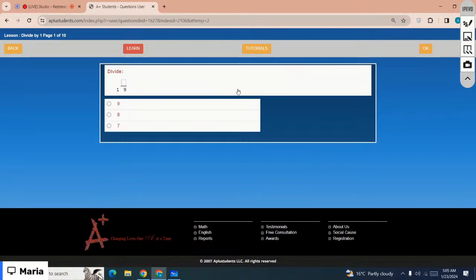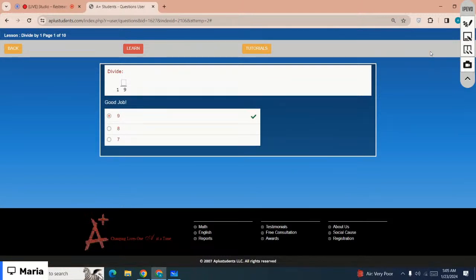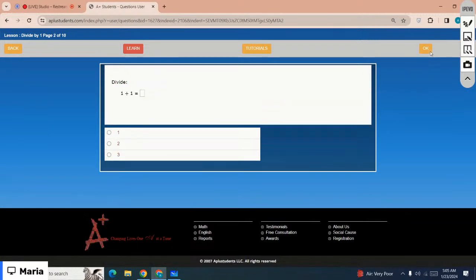Any number divided by 1 equals the same number, right? No, it's actually 9 divided by 1, sorry. Okay, 1 divided by 1 equals, yes, 1 divided by 1 equals 1. The correct option is 1.